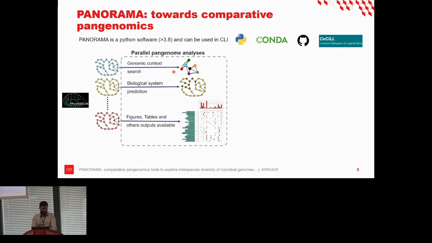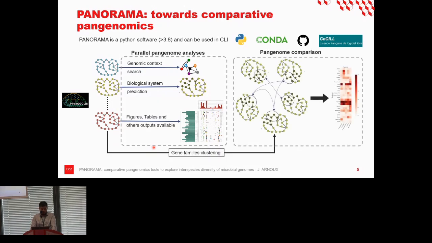Today, I will present the genomic context search feature and the biological system prediction feature, and I will give you an overview of the outputs available in PANORAMA. And another important feature in PANORAMA is the comparison of pangenomes based on all this analysis.